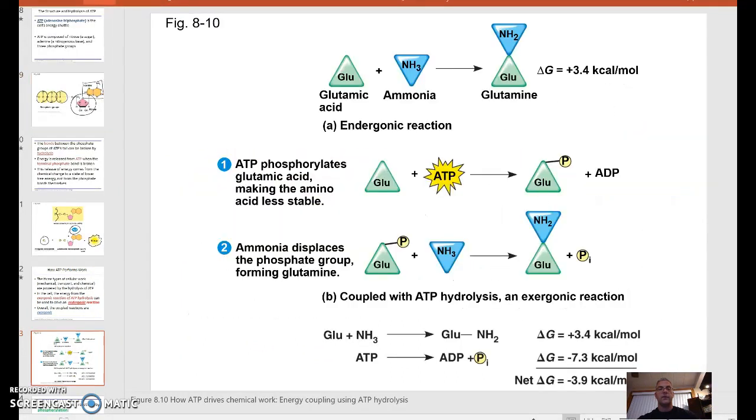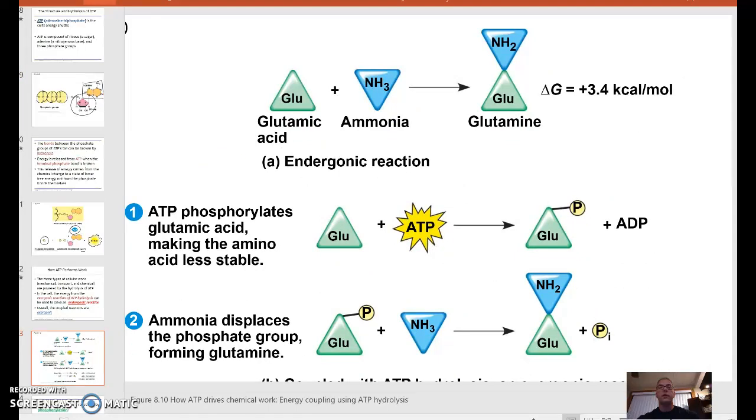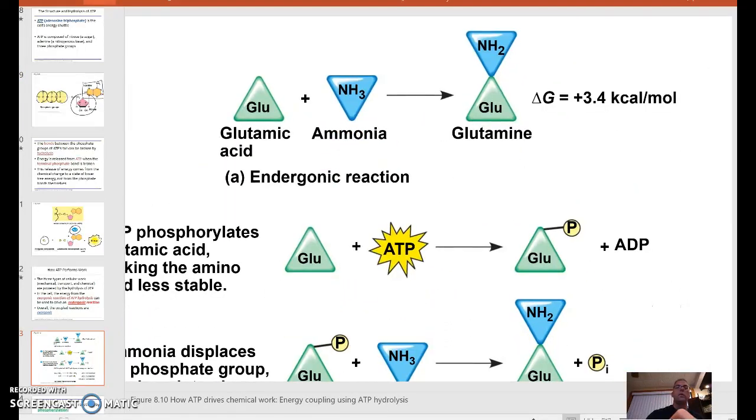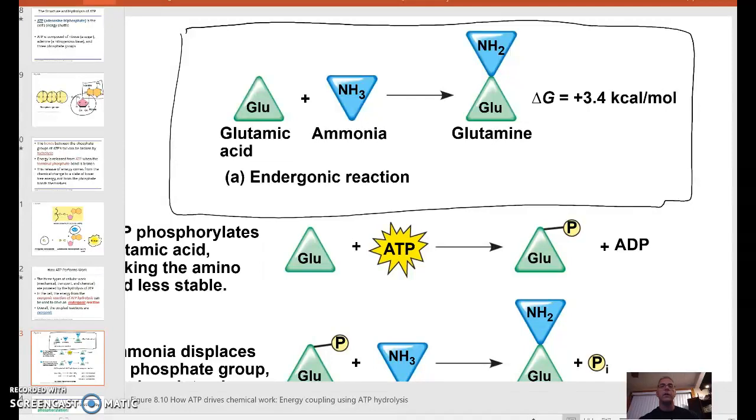Okay, so let's look at an example that we had talked about in class, and this is a scenario where we have something that is going to be coupled. Our initial reaction of concern is that we want to form glutamine. In this example, you're going to take glutamic acid, chemically combine ammonia to it, and form glutamine.